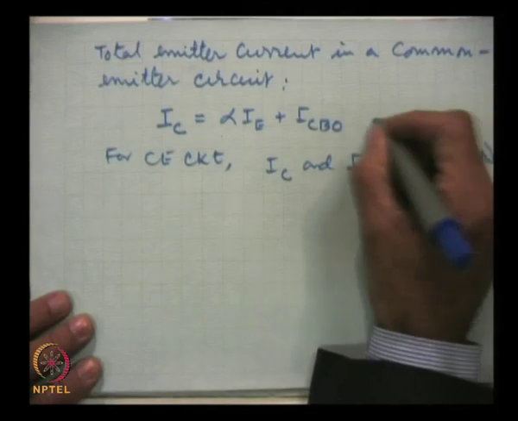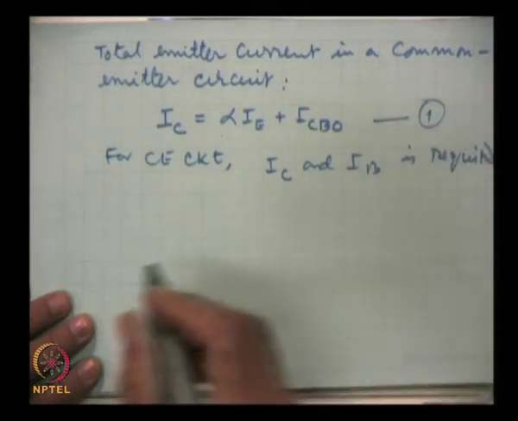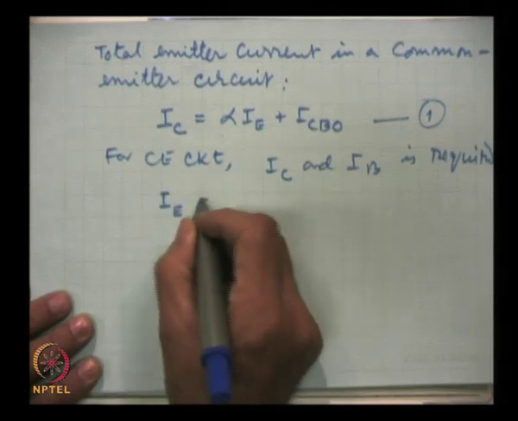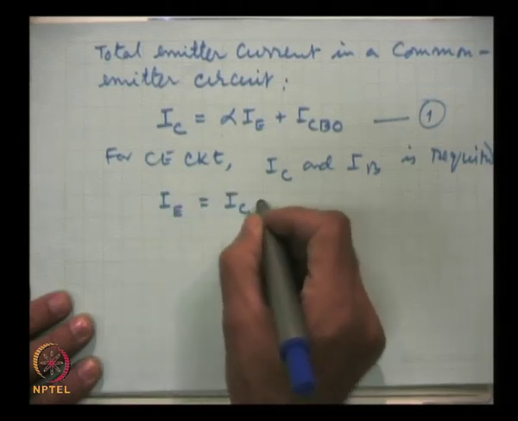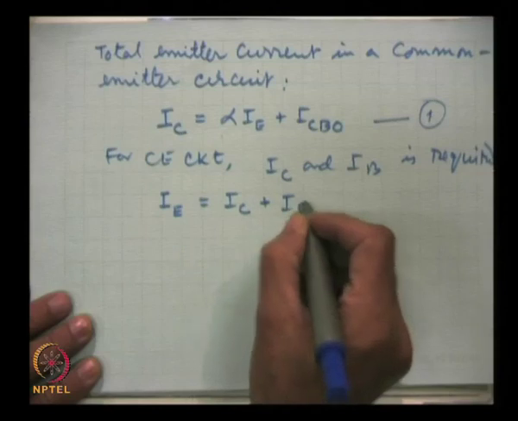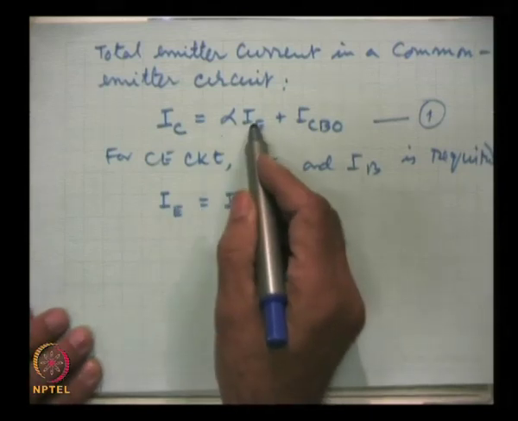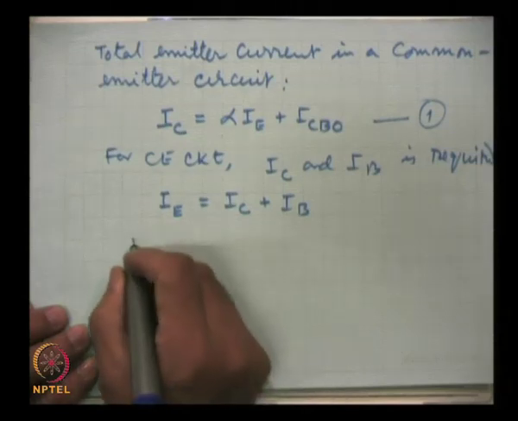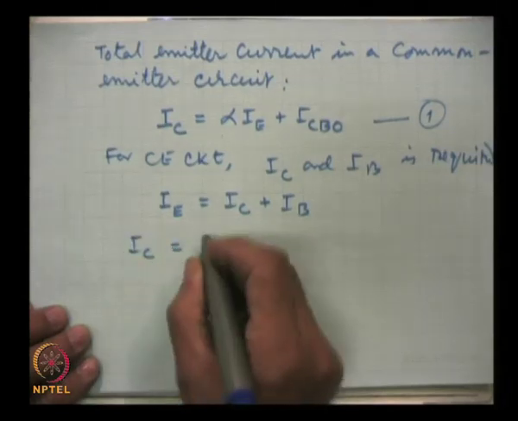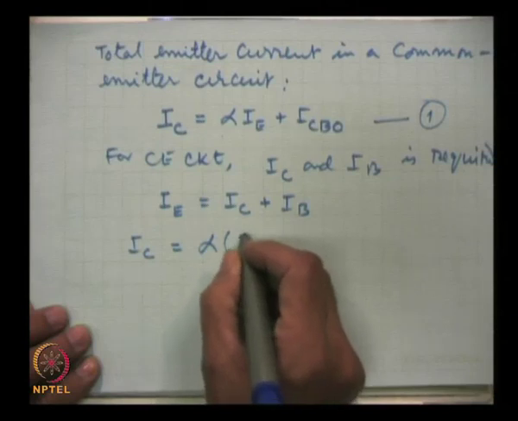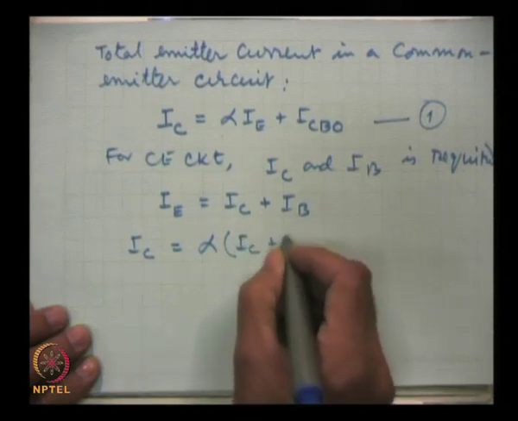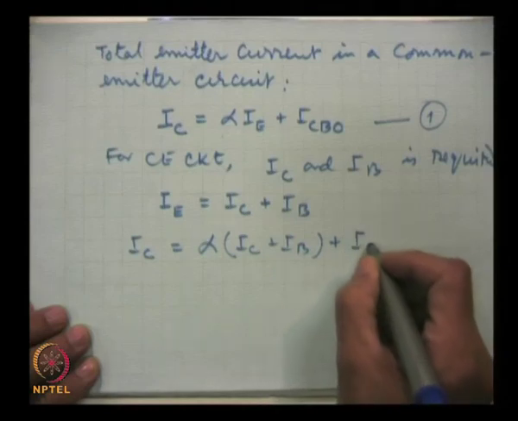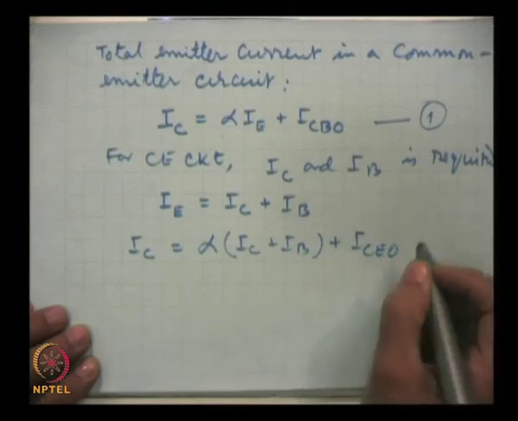We call it, for example, equation 1. We substitute IE equal to IC plus IB. We put this here in the first equation, then we get IC equal to alpha times IC plus IB, plus ICBO.